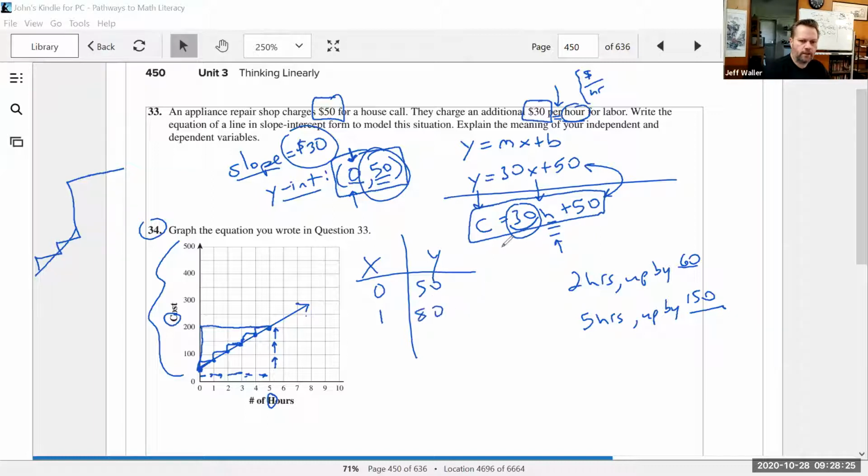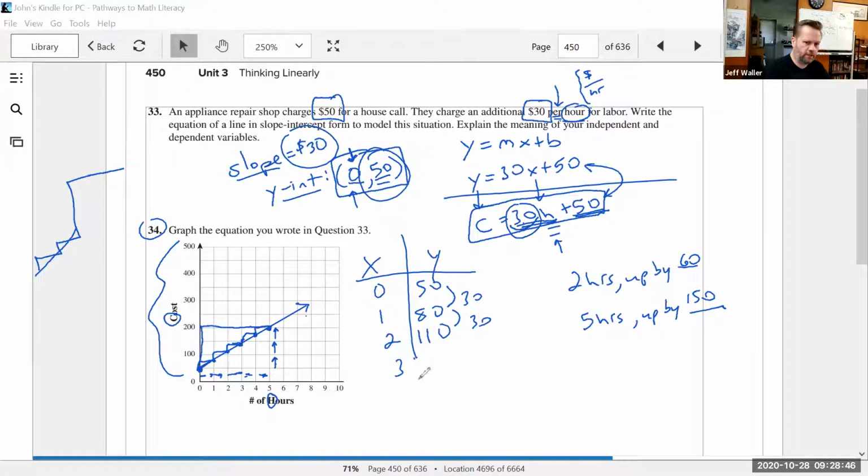I love it, right? 1 times 30 plus 50. 2. So 2 times 30 plus 50. 110. And again, you can see the shortcut here is just to add 30 each time, right?